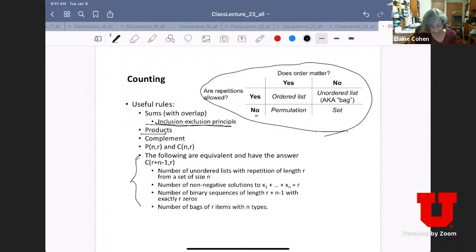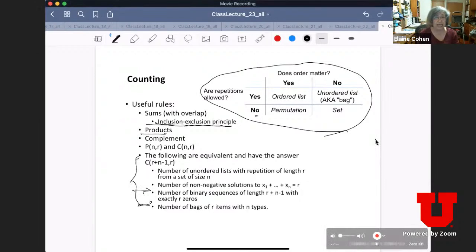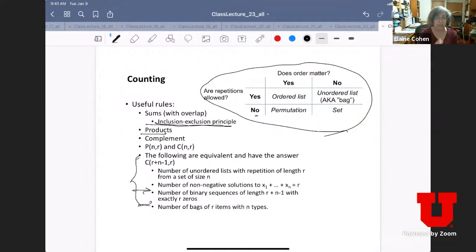And the number of bags of R atoms with N types. Remember we can make a binary sequence out of any of these bags. The ones represent separations between the items. Okay?